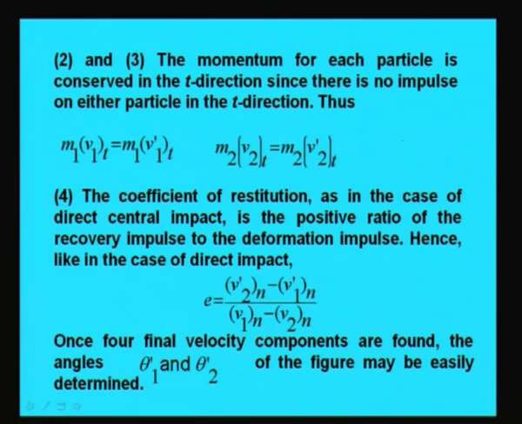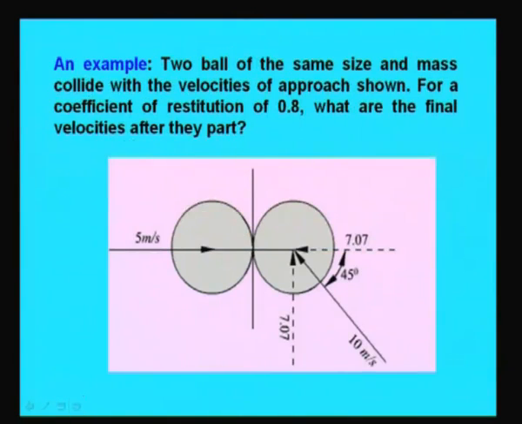But here, in a smooth contact, we can easily find it, and the fourth equation is given by the coefficient of restitution. So the 4 velocity components are found. Once we find the 4 final velocity components, we can determine the angles theta 1 prime and theta 2 prime, and our problem is solved. So this method can be employed.